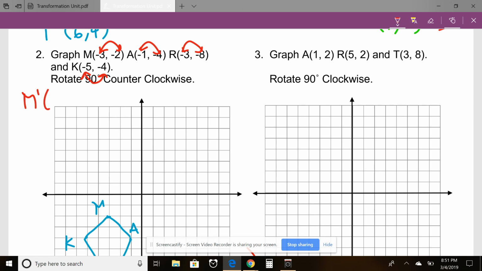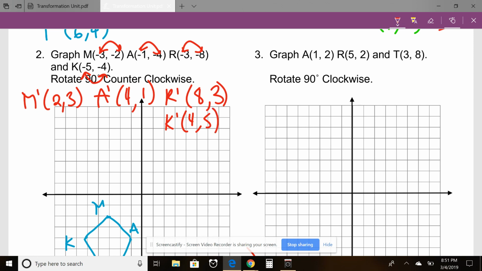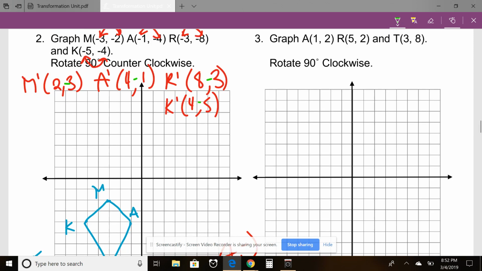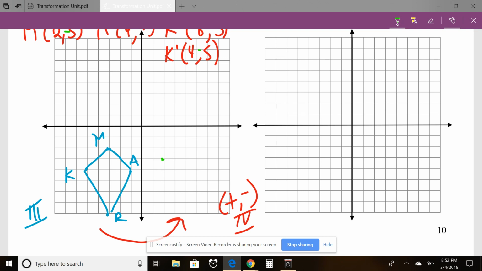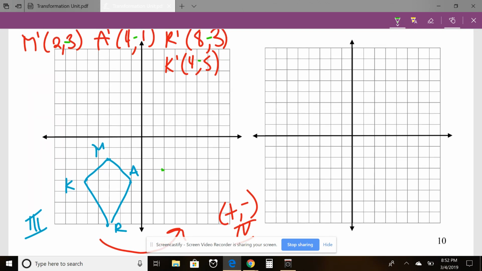So my M prime is going to be (2, 3), A prime (4, 1), R prime (8, 3), K prime (4, 5), but only my Y values are going to be negative because the sign scheme in the fourth quadrant is positive, negative. (2, -3), (4, -1), (8, -3), (4, -5).